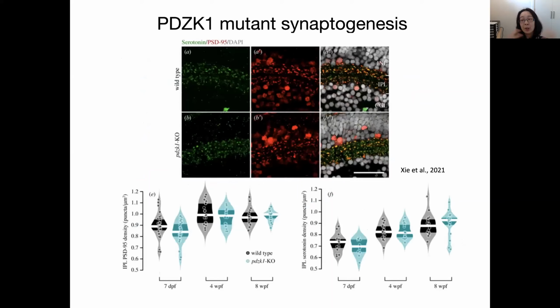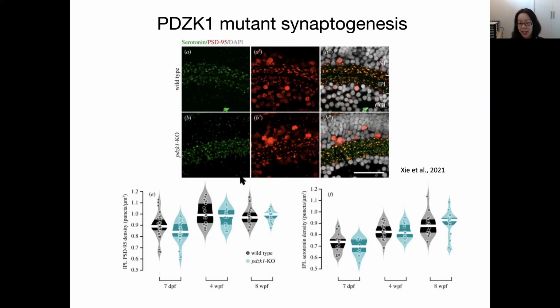We looked at all of the synaptic markers that had previously been identified, expecting a change in density or a loss of clustering. I tell you straight away, this is not what we found. We basically found no difference. It had been associated with serotonin receptors, so we looked at the synapses formed by serotonin, again wanting to know whether it's perhaps the association between the receptors and the postsynaptic density clustering proteins that is changed.